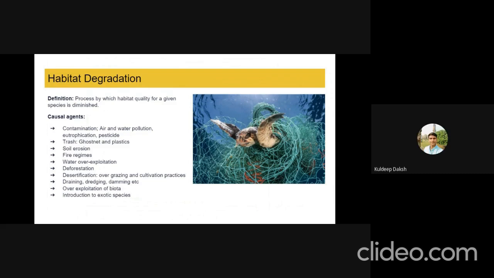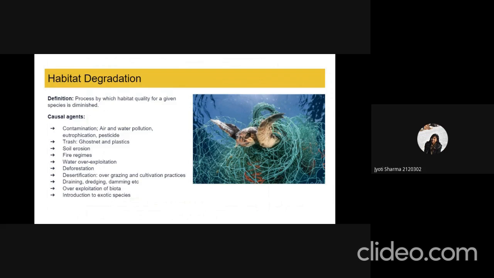Ma'am, eutrophication is the process when there is an attack of species, like some fauna that covers the lake or a pond. No, this is like an invasive species. No.